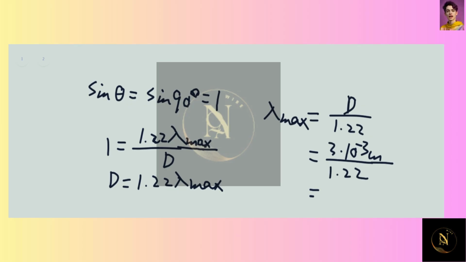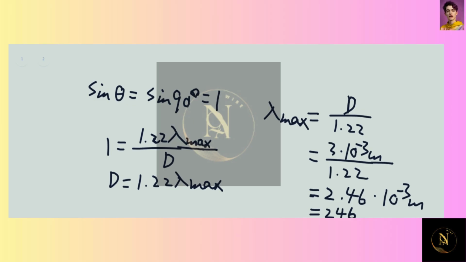And that will give us 2.46 times 10 to the negative 3 meters.